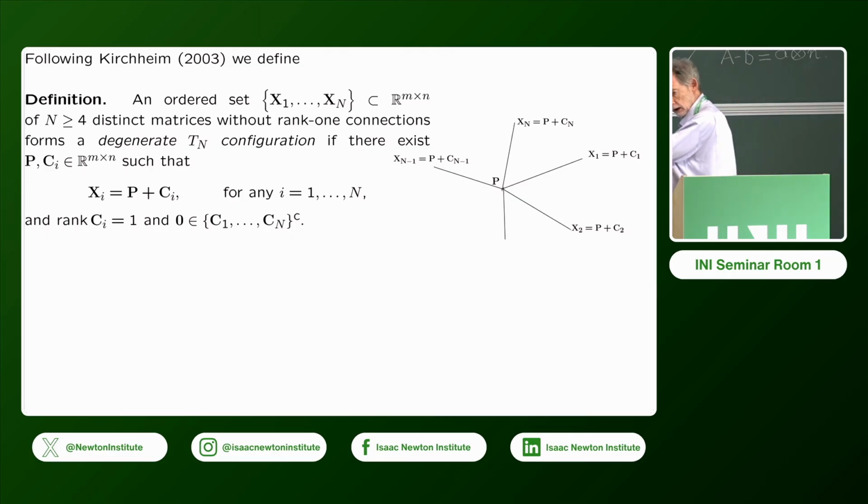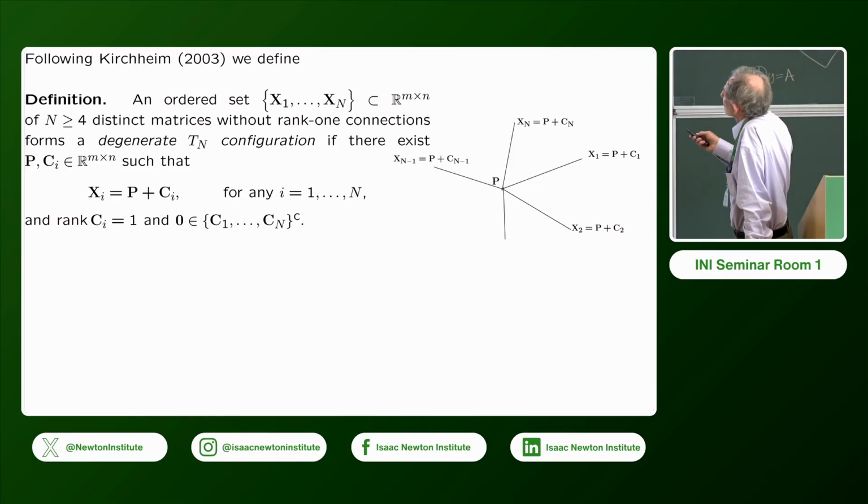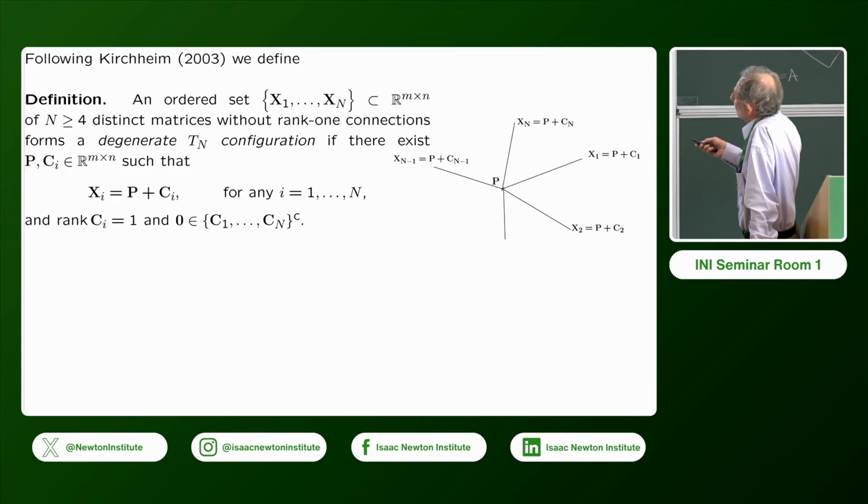Okay, now, following Kirchheim, this is less standard. We're going to say that an ordered set X1 up to Xn of at least 4 distinct matrices without rank 1 connections forms a degenerate T_n configuration if there's a P and C_i's such that each X_i is P plus C_i. So they go out radially from P in the direction of matrices of rank 1. And so each C_i has to have rank 1, and 0 has to be in the convex hull of the n matrices.